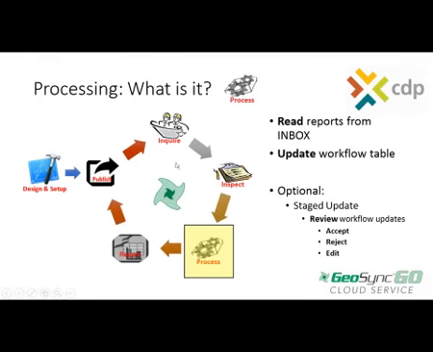And just remember that processing is part of our typical workflow process. When we look at any of the workflows in GeoSync GO, we can fit almost all of those, well, we really can fit all of those into this cycle. We have a design and setup phase for any workflow that we're working on, and then once we implement that workflow, we have publishing, where we take information and make it available for use in the field. In the field, we will use our map, and we'll do inquiry.